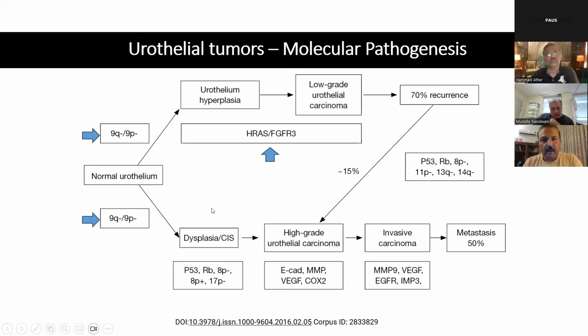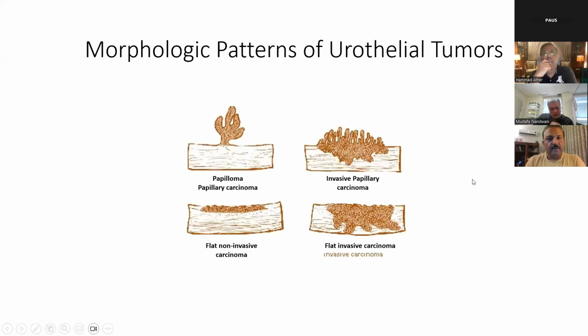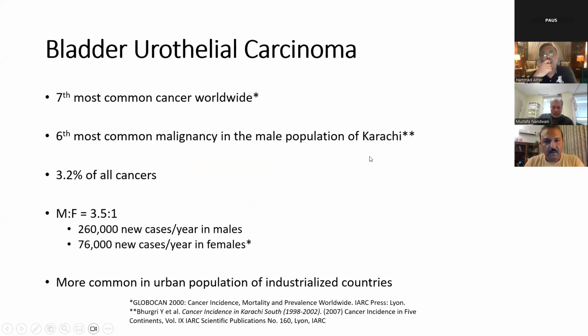Then in low-grade carcinoma development, there is a role of HRAS and FGFR3, as already mentioned by Dr. Nanwani. In the high-grade pathway, coming from both the low-grade pathway as well as from the CIS, there is involvement of P53 and the retinoblastoma gene. So these are the two basic morphological patterns of urothelial cancer, the papillary type and the flat type, and both of them can give rise to invasive cancer.